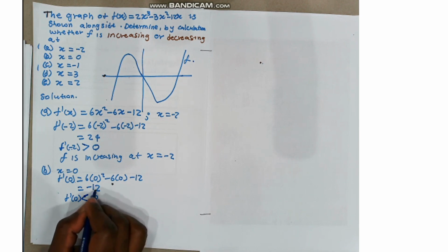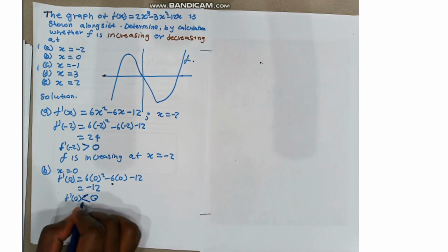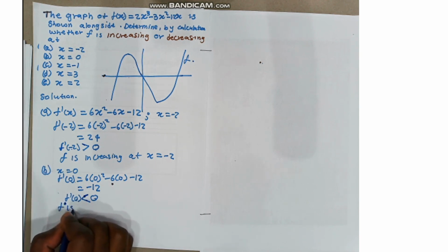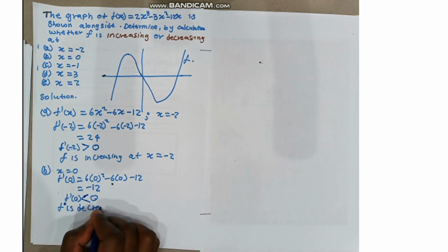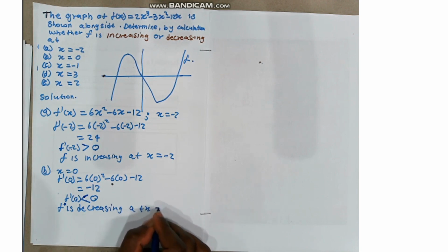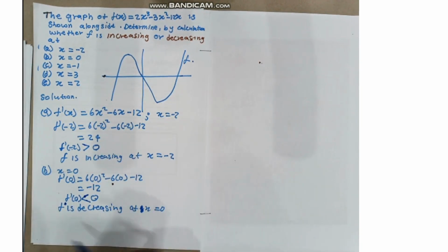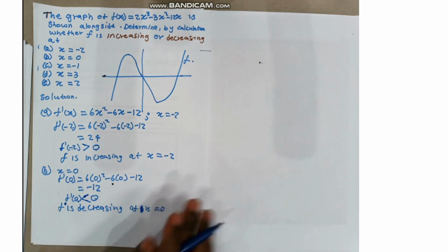What does that mean? It means our f is decreasing at x is equal to 0. It's the f function that is decreasing, but it's determined by what? By the derivative at that particular x value. I hope we get that one.